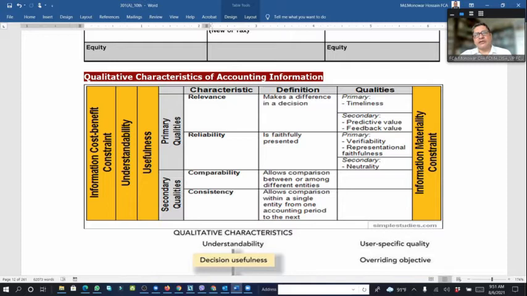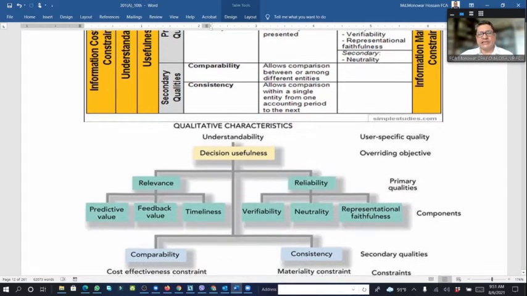Comparability means we can compare among different entities, organization to organization, industry to industry, and it should be consistent. Consistency allows comparison within a single entity from one accounting period to the next, meaning how we present data, next year we should present it the same way. But if any error is found, it should be corrected immediately. These are the financial data qualities.